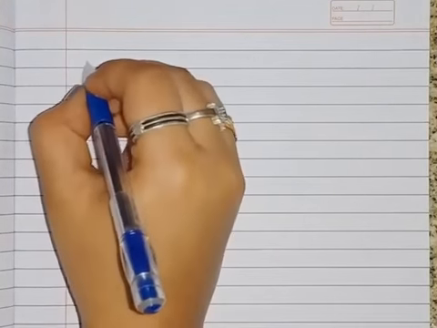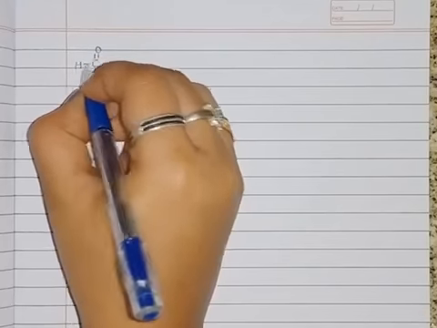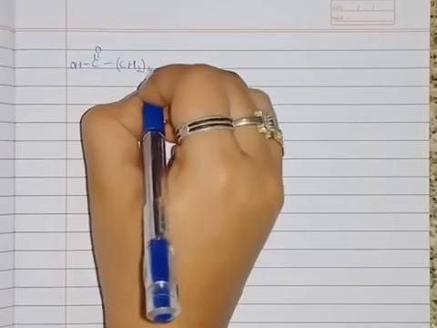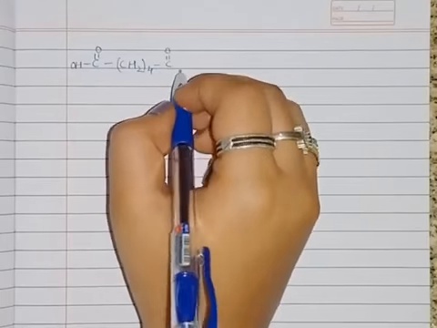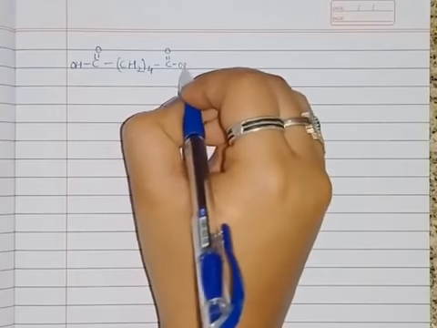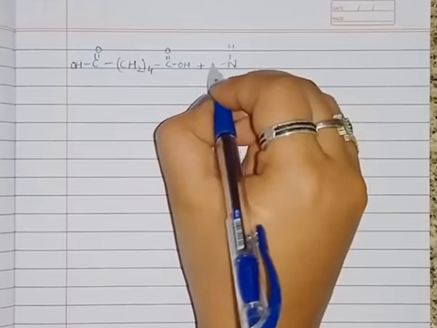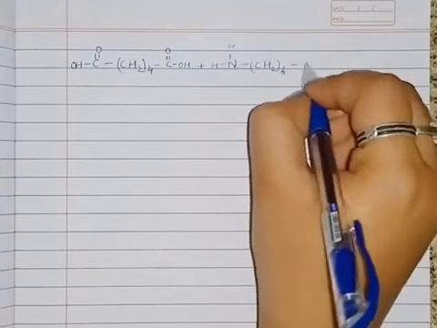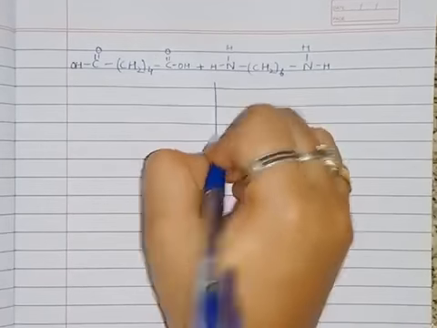Adipic acid is HO, C double bond O, CH2 4 times, C double bond O, OH plus NH2, CH2 6 times, NH2. Okay, I'll just write this down.